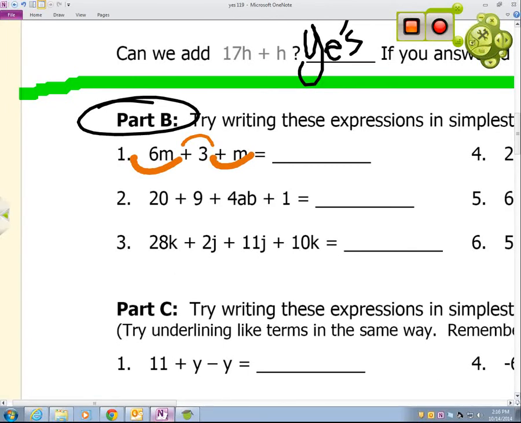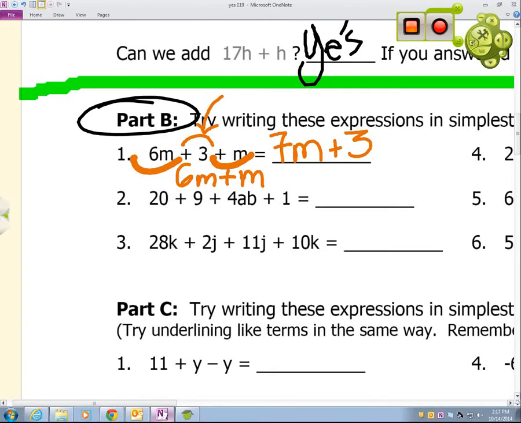So if I have to pull these guys out to be like terms, 6 monkeys plus 1 monkey, how many monkeys do we have? 7 is correct. 7m, 7 monkeys. Now, is there anything that's going to go with this 3 here? No. So that means that 3 is just sad, chilling right there.